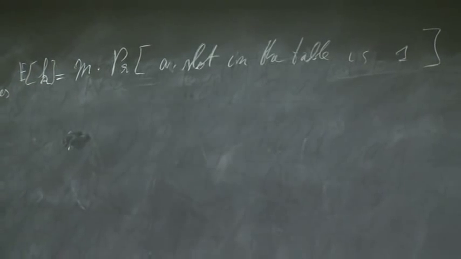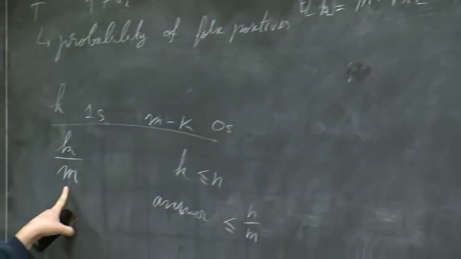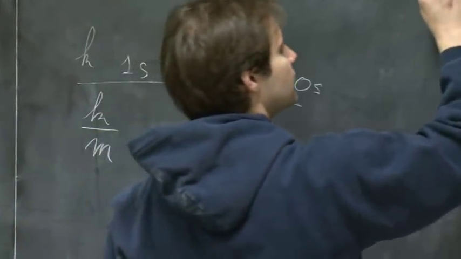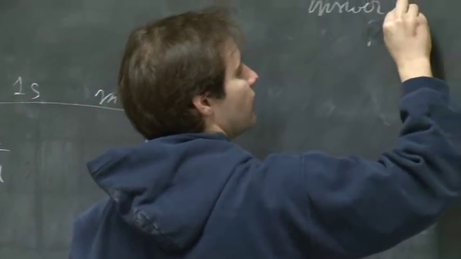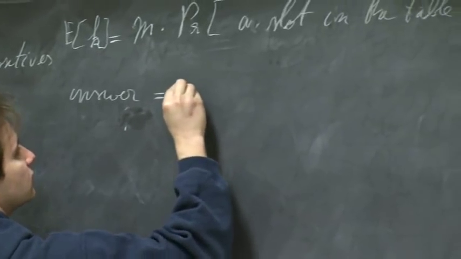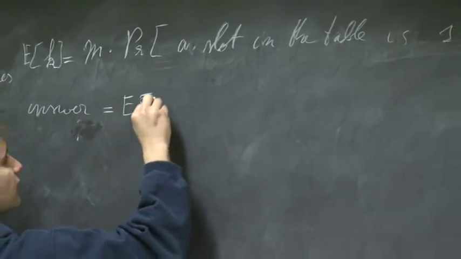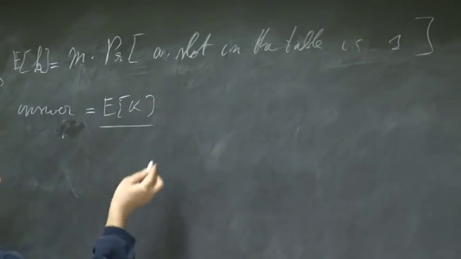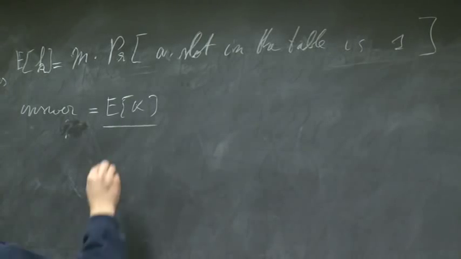So then our final answer is this thing divided by m. So the answer is the expected value of k, or you can just think of it as the average value of k, divided by m.